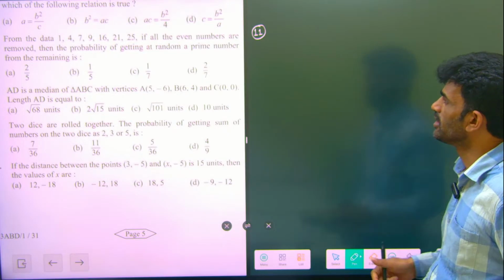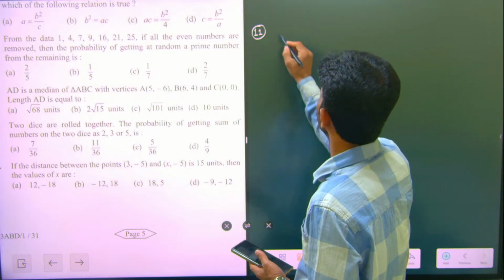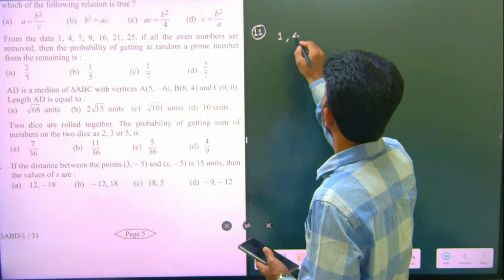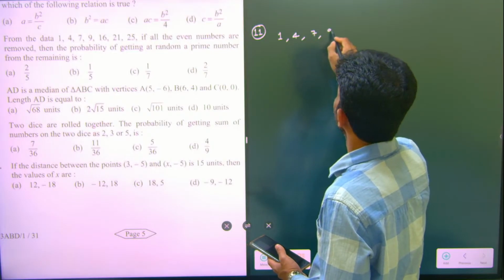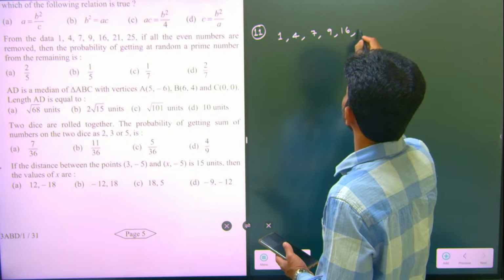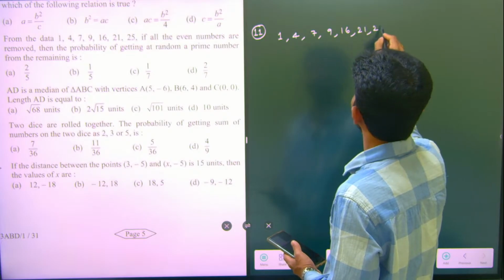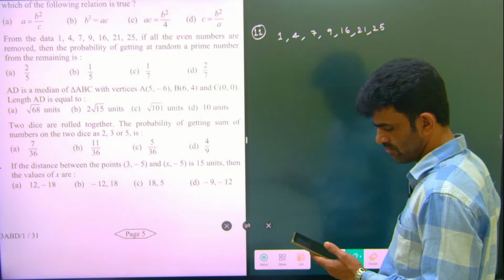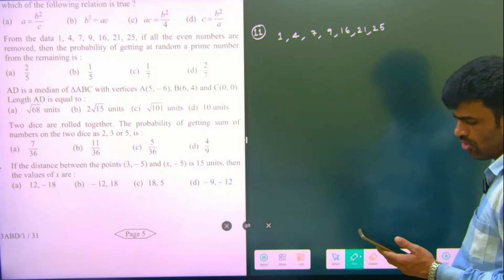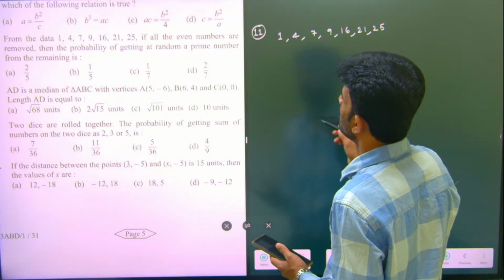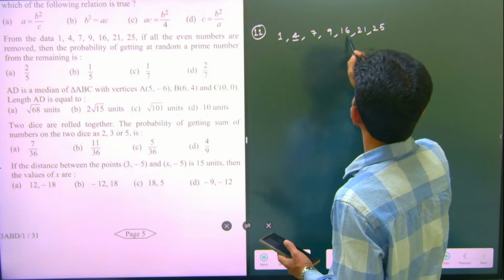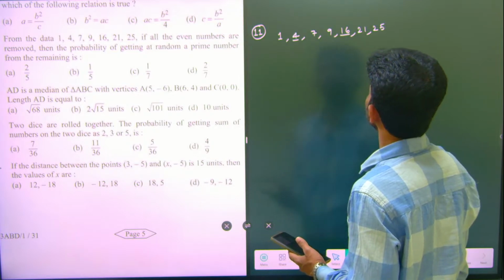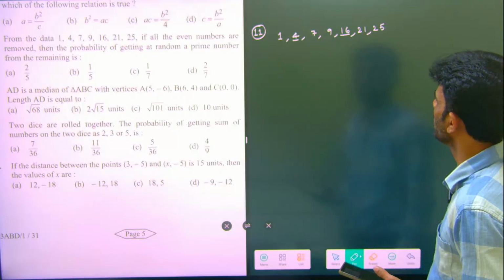So first you write the data which is given: 1, 4, 7, 9, 16, 21, 25. Now remove all even numbers. 4 and 16 we have to remove because they are even numbers.